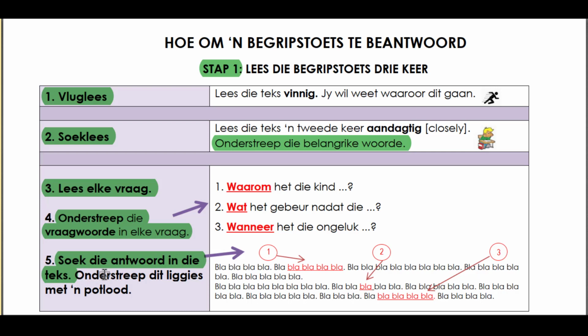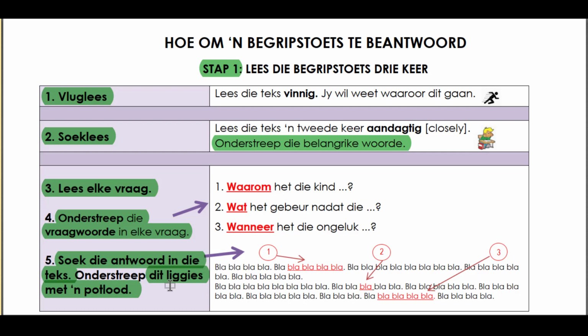And how do we do that? We underline in pencil what the important information is. So we're going to underline in pencil the important information. So whatever the text says, and you know what questions you have read, so you know what information you are looking for, go and underline the information.